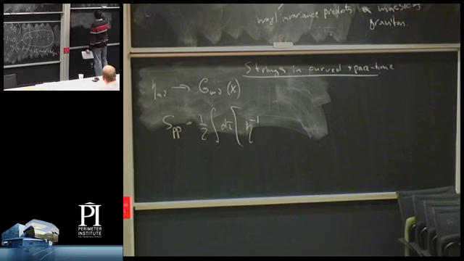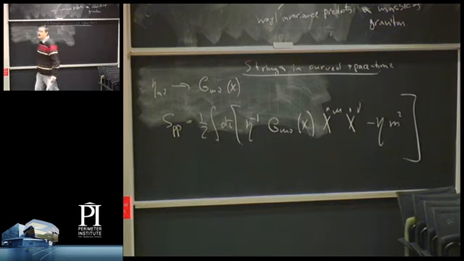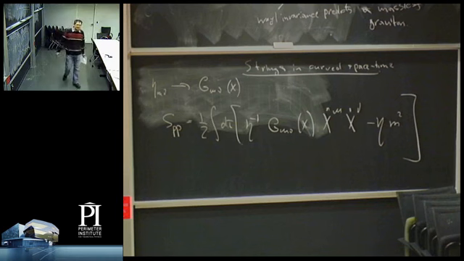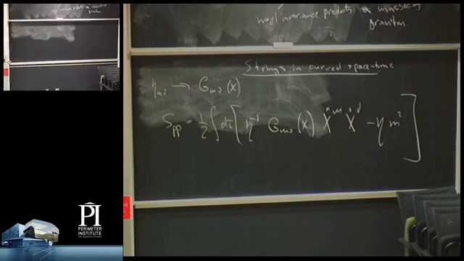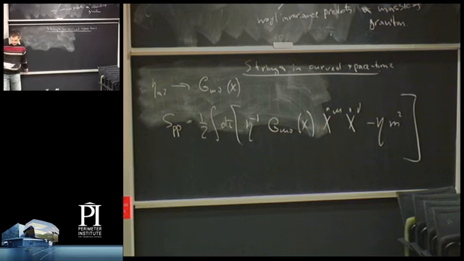And so this brings us to a new topic, which is strings in space-time. So far we discussed propagation of strings in flat space-time, and now we ask the question: how do we generalize it when we have a single string propagating in curved space-time?